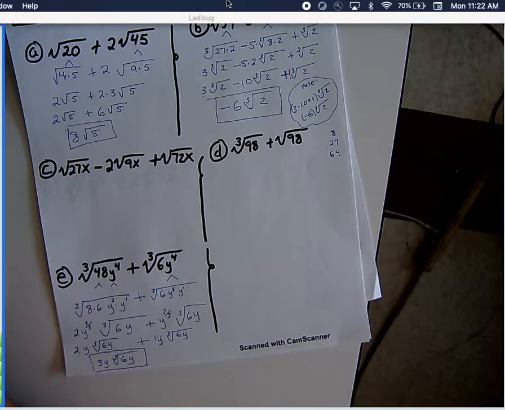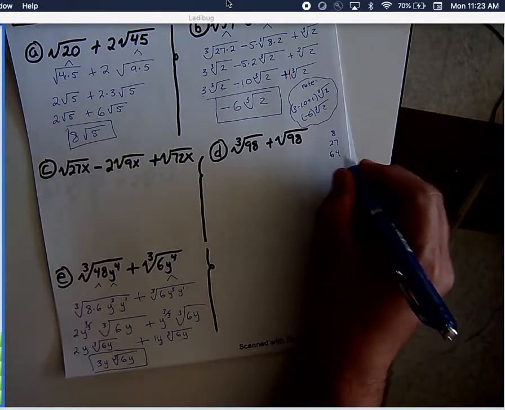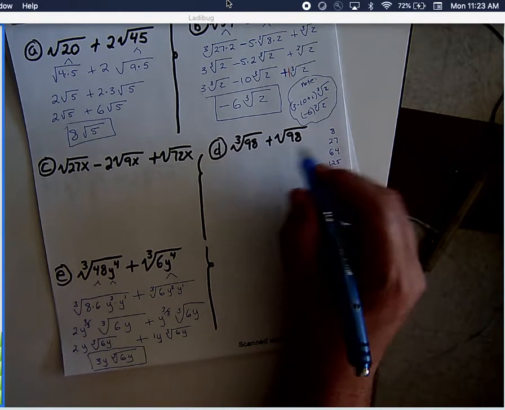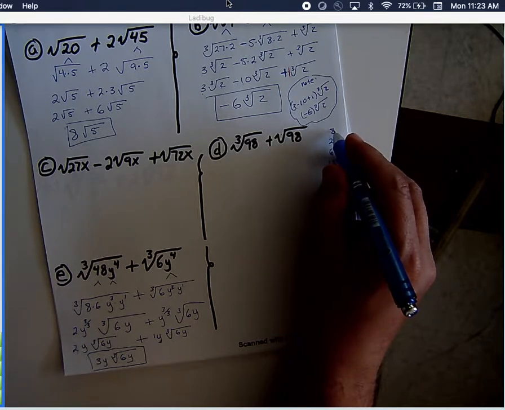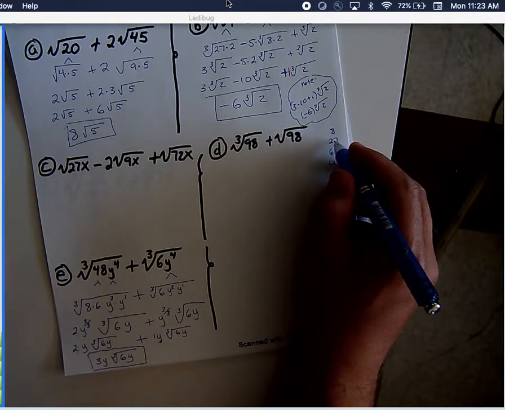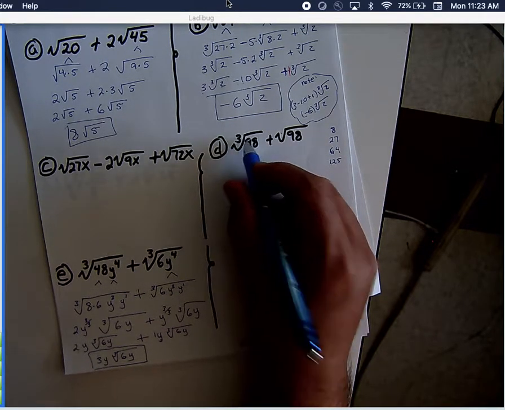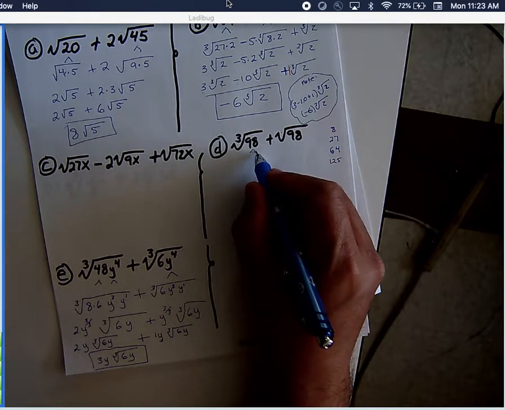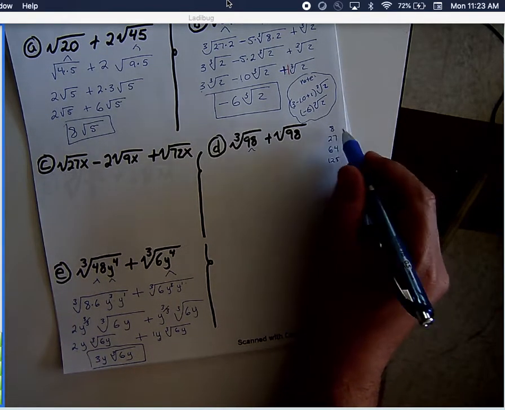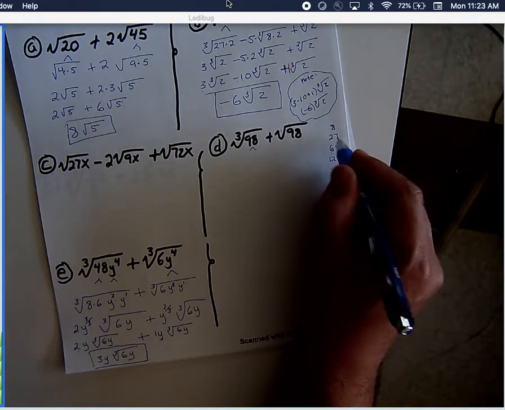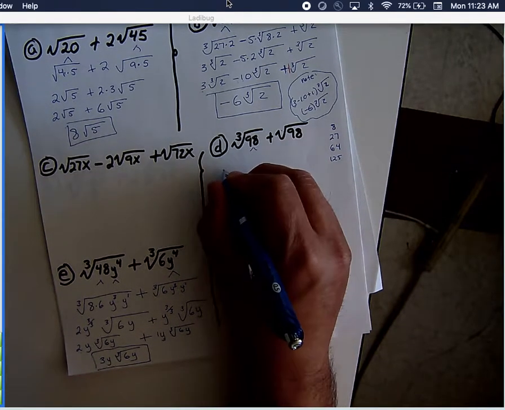I'm just giving you the perfect cube roots. So these are some of the perfect cubes. If you notice, 98 cannot be divided by 8 or 27. Absolutely not 64, 125. So 98 doesn't have a perfect cube that you can split this one. You would have to divide by 8 or 27, and it doesn't divide by them. So that one is going to stay the same.